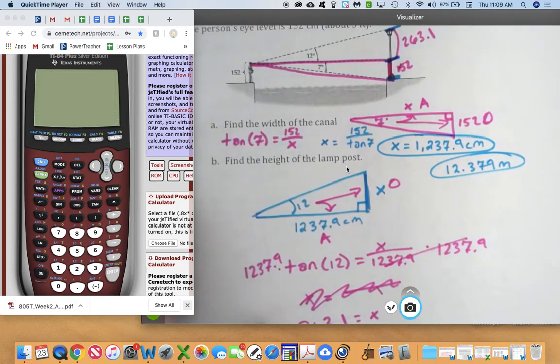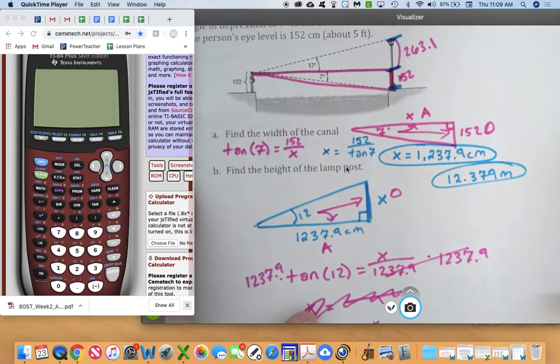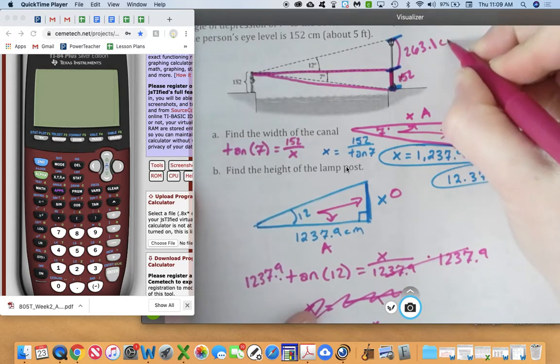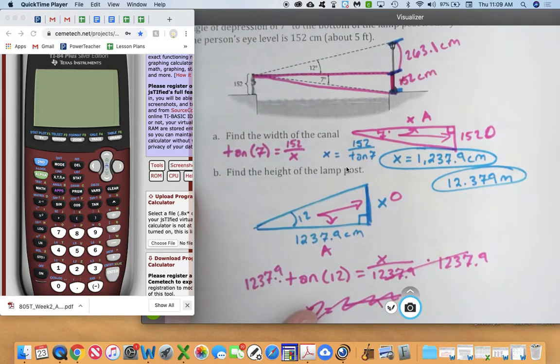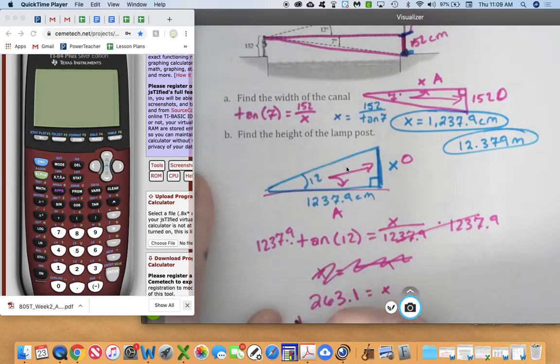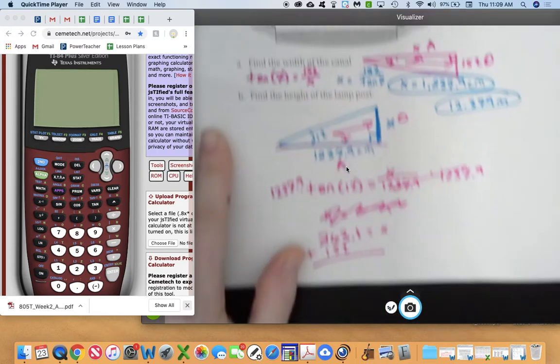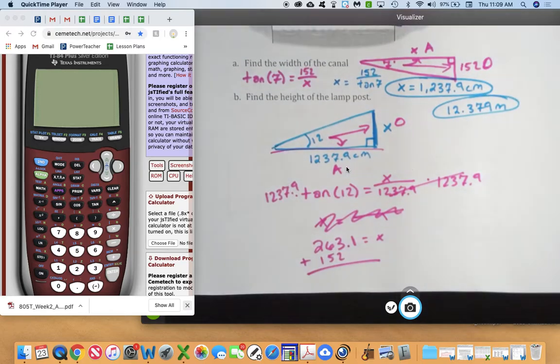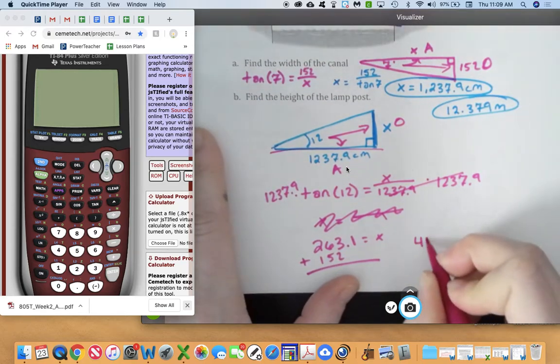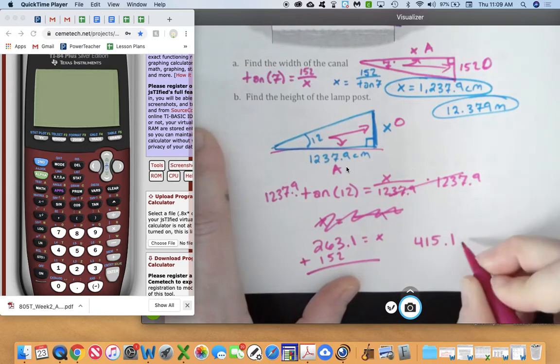That's in centimeters, and the bottom one is in centimeters also, and our distance here was in centimeters, so we're good to go. The whole lamppost is whatever that is plus 152, which is 415.1 centimeters. That's how tall my lamppost is.